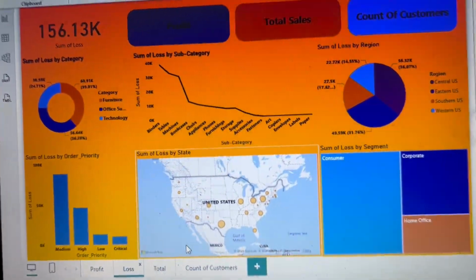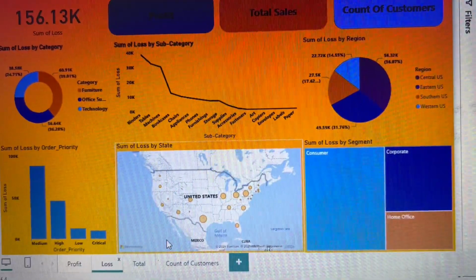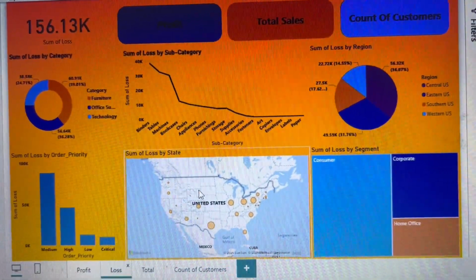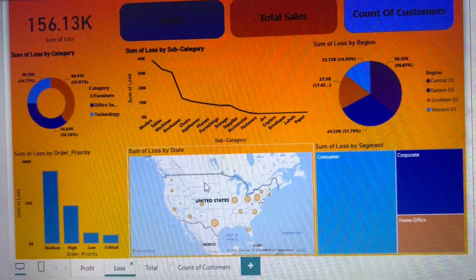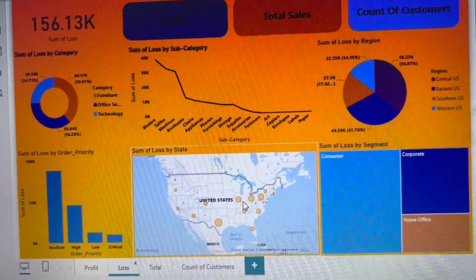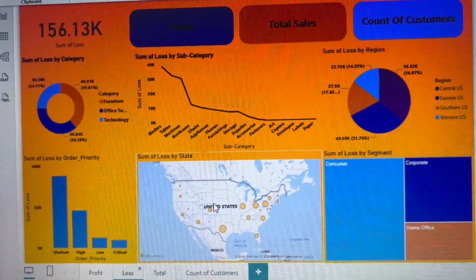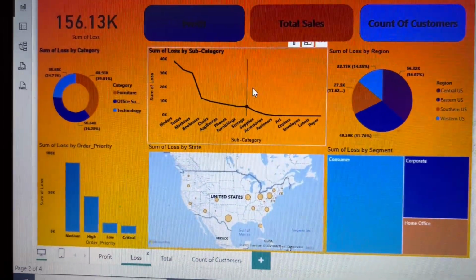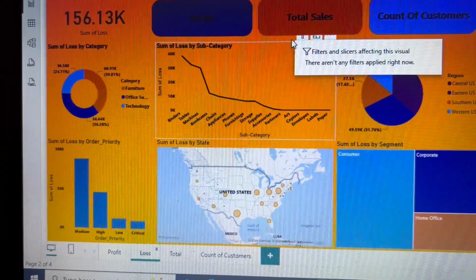As you can see from the map chart, the sum of loss is not a lot. Some states don't even have a lot of losses, some states have a lot of losses, like that. But I can see that the loss is not as much as the profit. Now the sum of loss by subcategory.